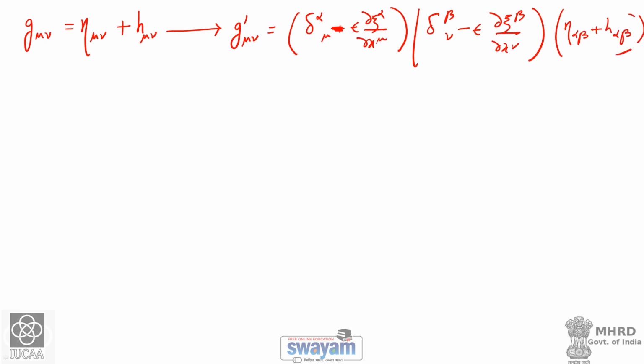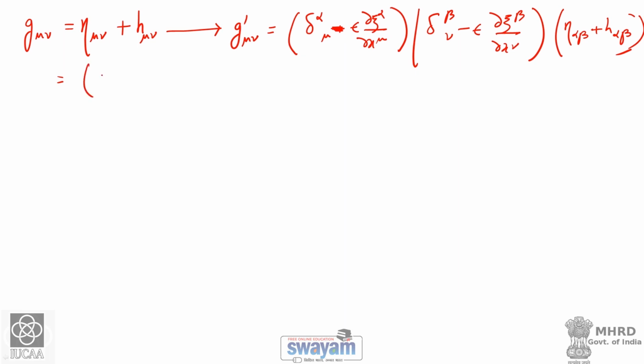Let us make the simplification term by term, noting that epsilon is very tiny, h_αβ is tiny, and we are only keeping things up to linear orders in epsilon and linear orders in h_αβ.